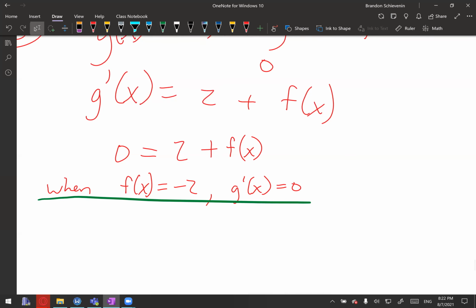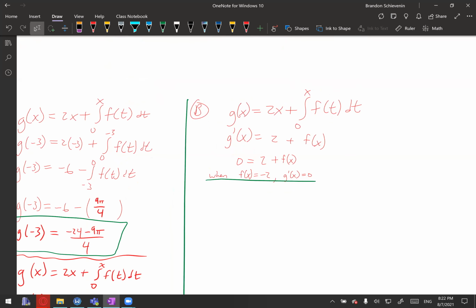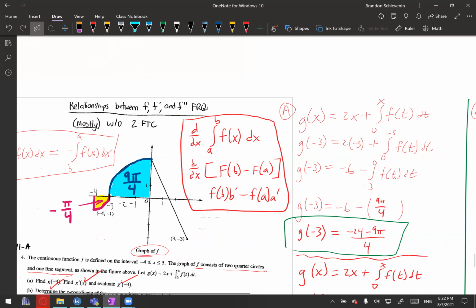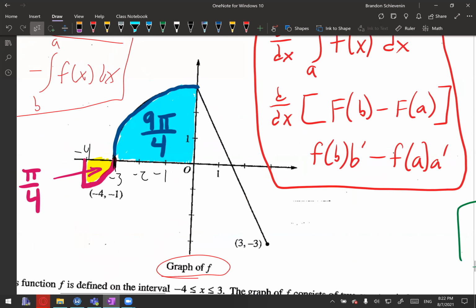Okay, so I'm going to zoom back out and we'll take a look at the graph, and we need to find a point where the y value is equal to -2. Who's next? Got Sai. So Sai, I need to figure out where the y value is equal to -2. So here's a green line through y equals -2.